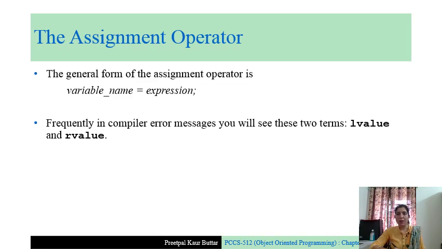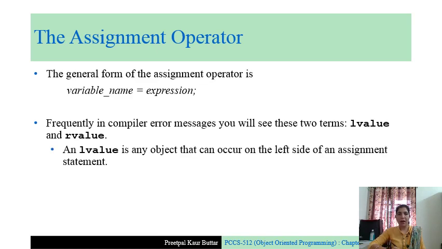When you practice more programming, you will come to understand how to interpret the compiler error messages. In those error messages, the terms L value and R value are frequently used. An L value is any object that can occur on the left side of an assignment statement.